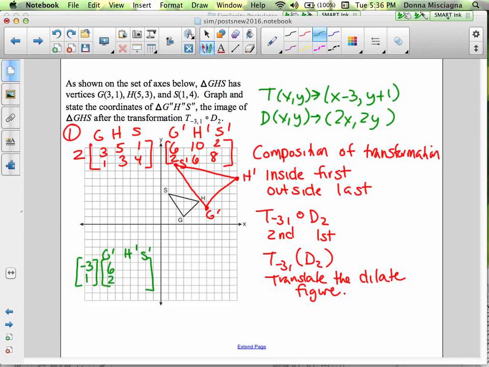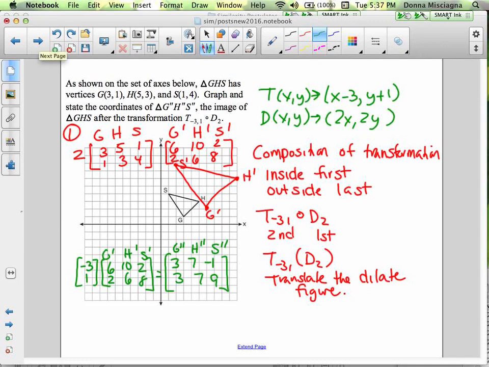So (6,2), (10,6), and (2,8). And that's going to give us 3, 7, -1. That's for G double prime, H double prime, S double prime. And then 3, 7, 9 are the y coordinates.